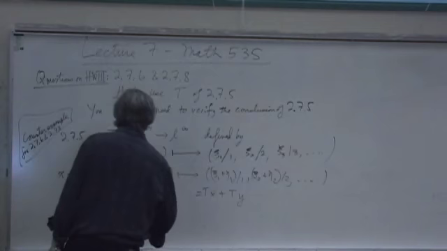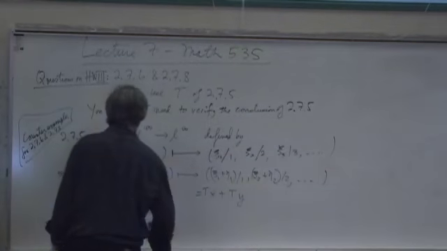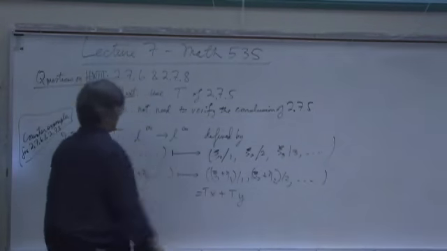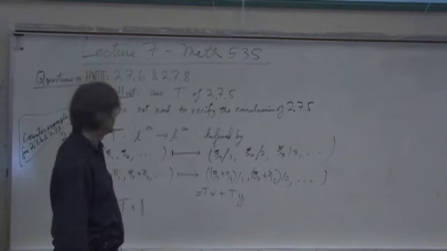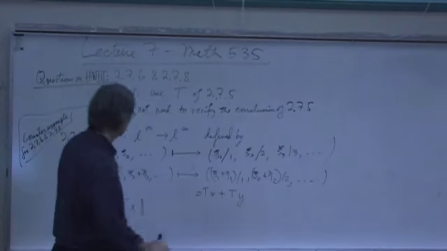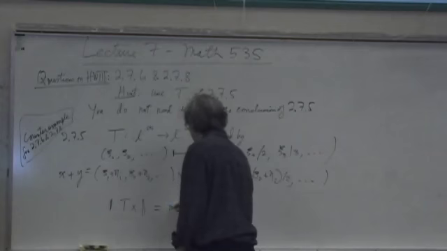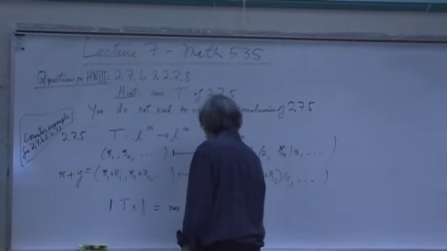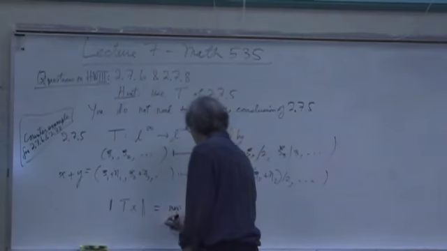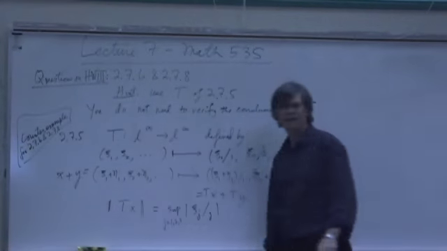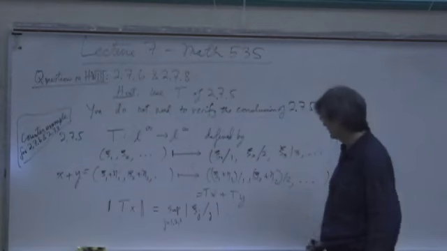And what's the norm? T of x, what's the norm of Tx? What's the norm of this thing? Well, it's clearly equal to the max, by definition, of the Cj divided by j, j equals 1, 2, 3. Well, sup, I guess, is what you have to do. It's not a max, since the index set is infinite in this case.